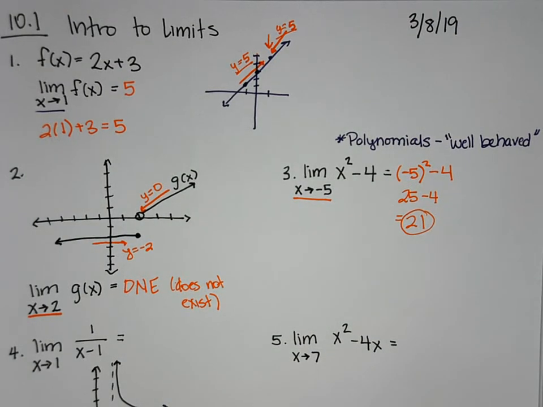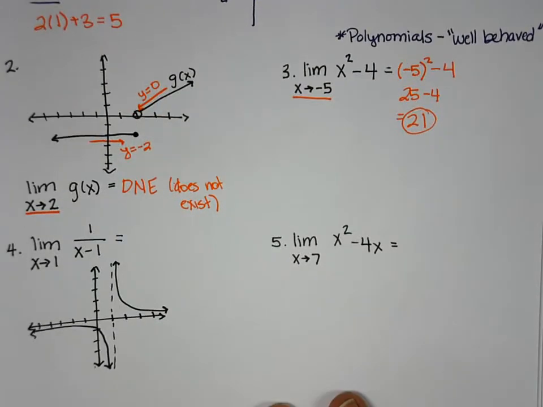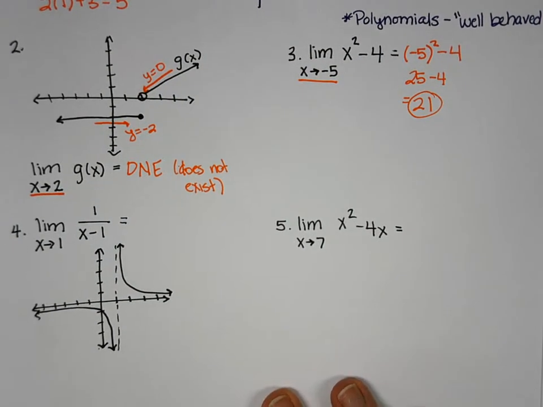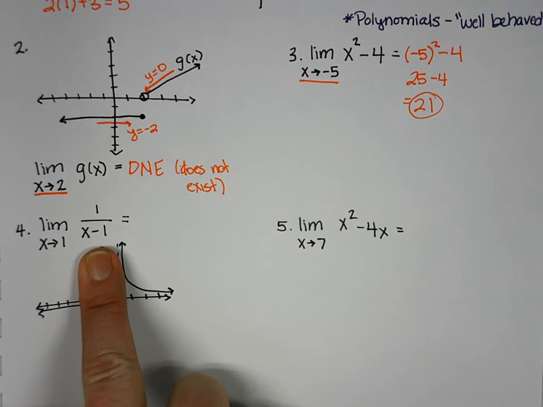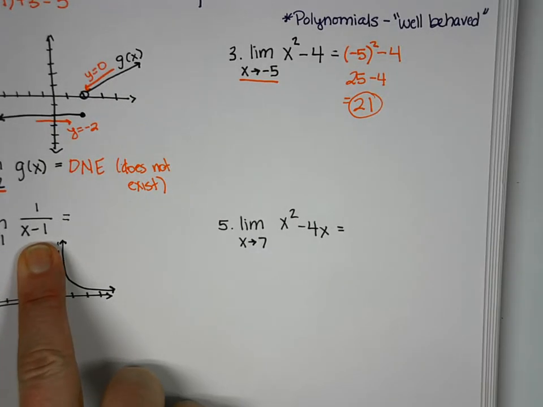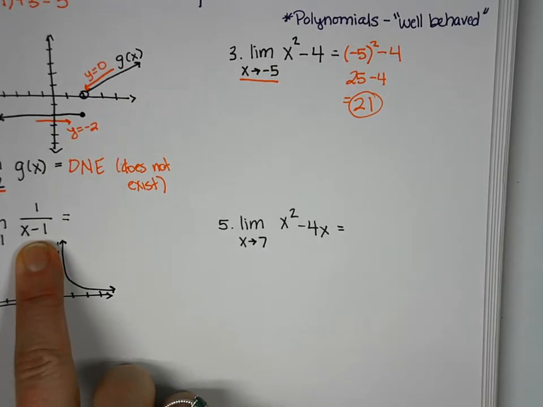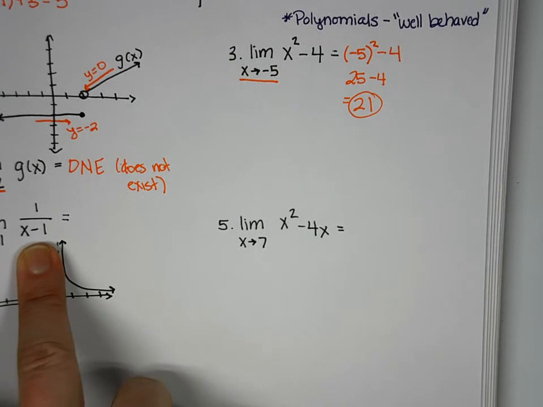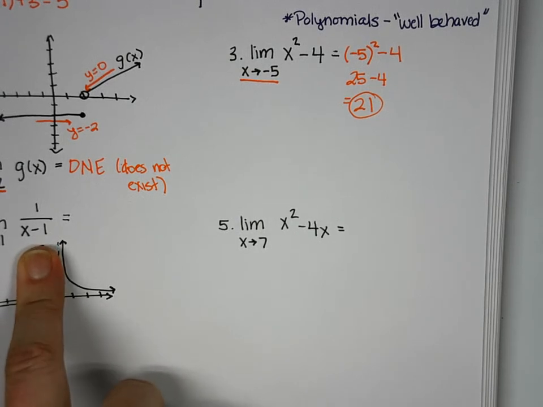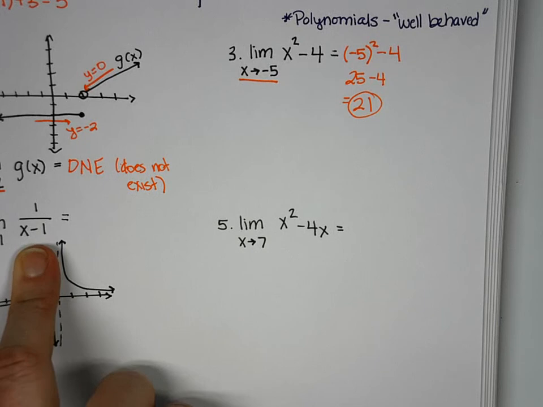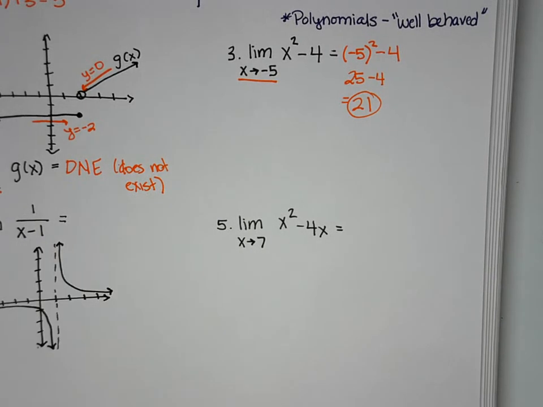If we don't have a well-behaved function, look at number 4. Number 4 is an example of a not well-behaved function because it has a fraction with x in the denominator, which means I'm going to have an open circle somewhere. That tells me it's not well-behaved, so I can't do direct substitution.